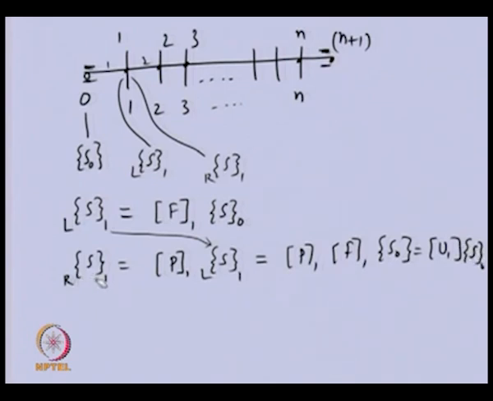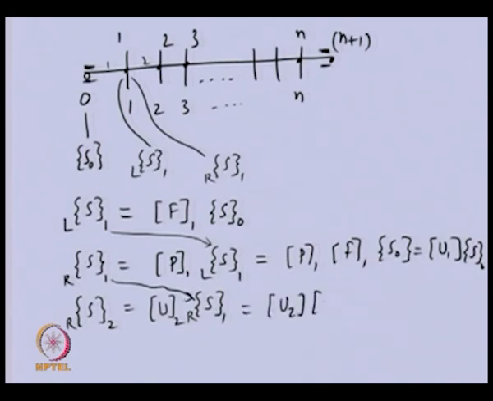Now, if we want the state vector right of disk 2, earlier we related it with the transfer matrix and the state vector right of disk 1. This we related earlier while deriving the field matrix and point matrix. Now, you can see that we can substitute this here. So, we have U2 U1 S naught.